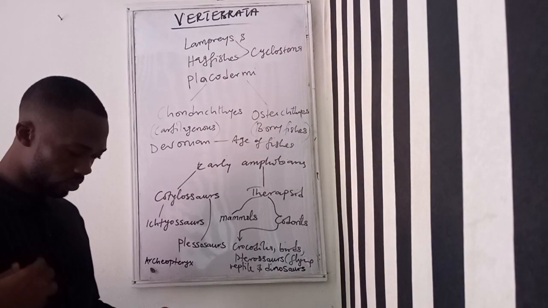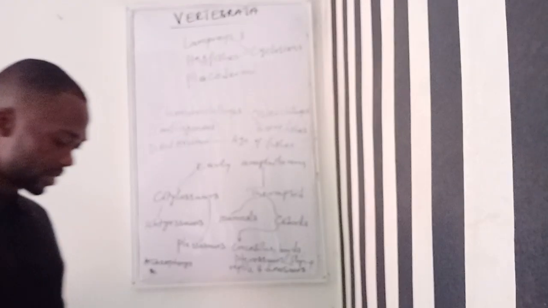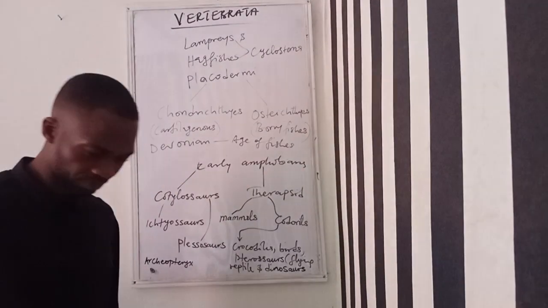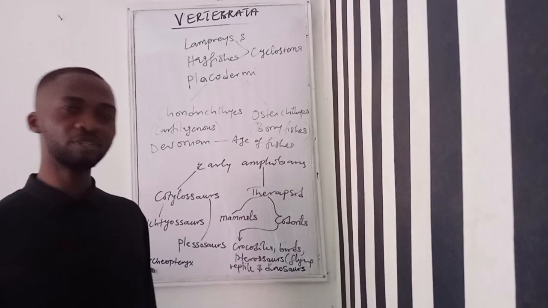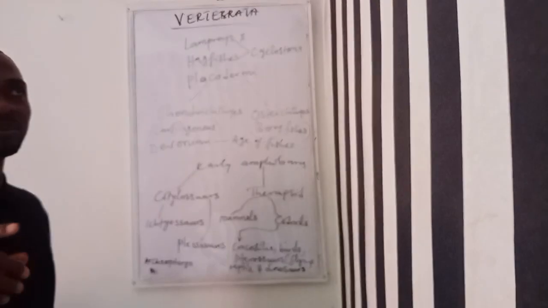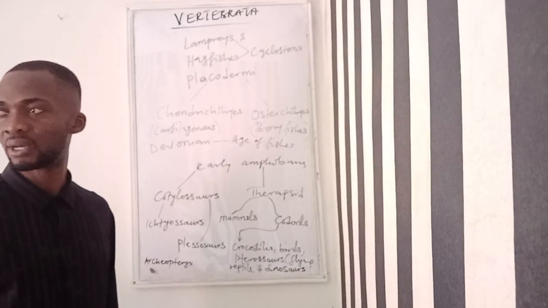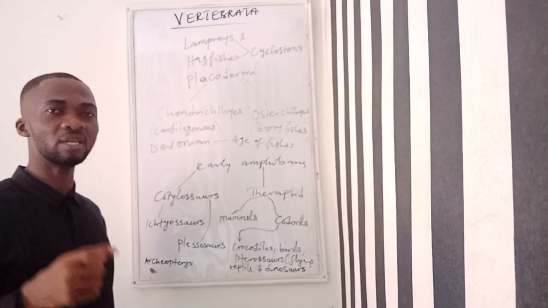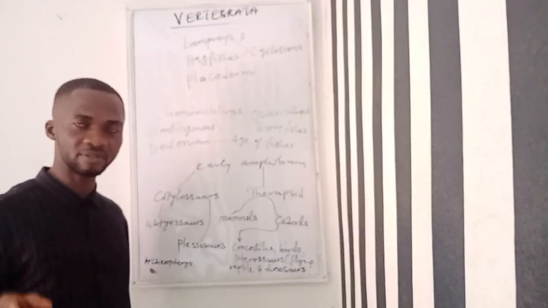Alright, we are going to another important thing now, and that is to talk about the first land vertebrates. You know, all fishes, of course, are aquatic, and a time came when amphibians evolved, and these amphibians came from what we call the earliest land vertebrates.